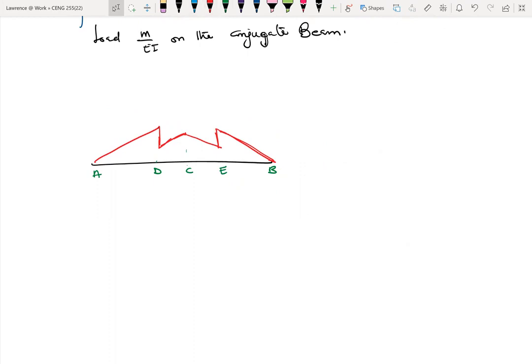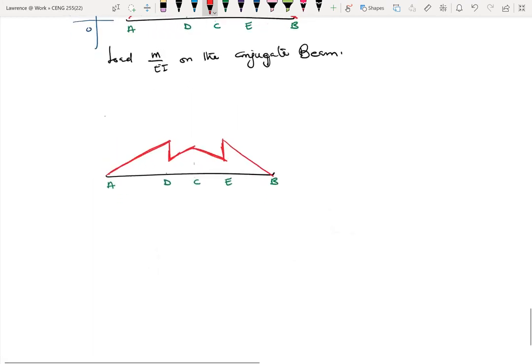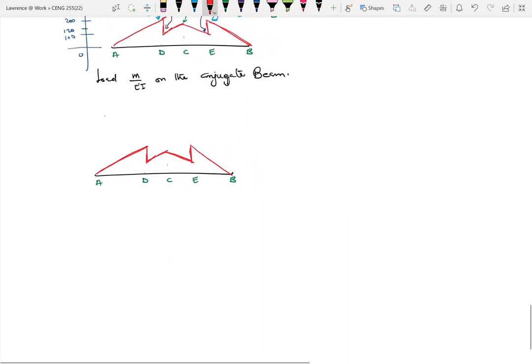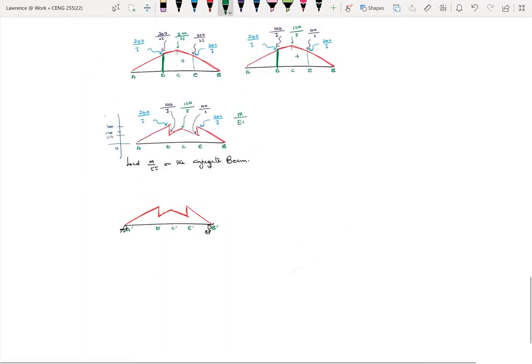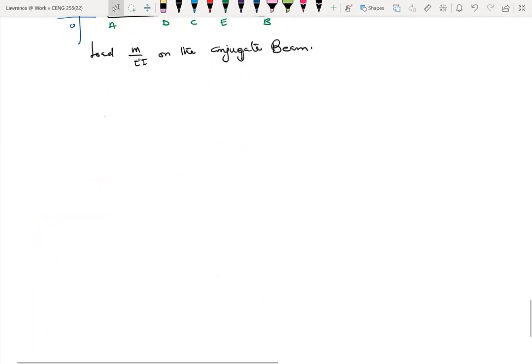Let me just write them down somewhere, so that I don't end up plastering the whole thing and making it look worse. So this is the way to go. I just load. My support reactions will not really change. So I have something like this. This is A prime, D prime, C prime, E prime, B prime. I hope things are looking nicer.